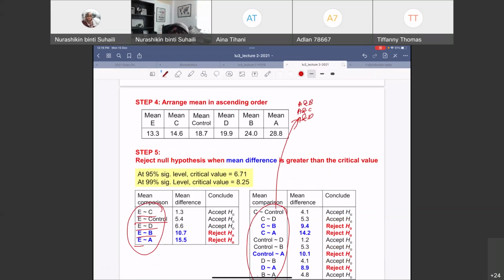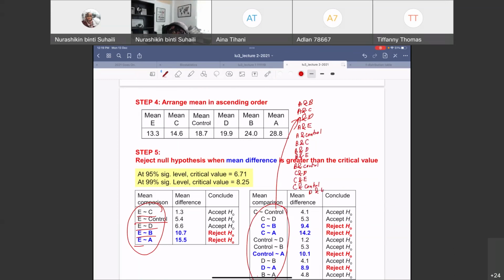Okay. So let's say you opt for my method, A and E just now, A and control. I think this is much better and easier. B and C, B and D, B and E, B and control, C and D, C and E, C and control.